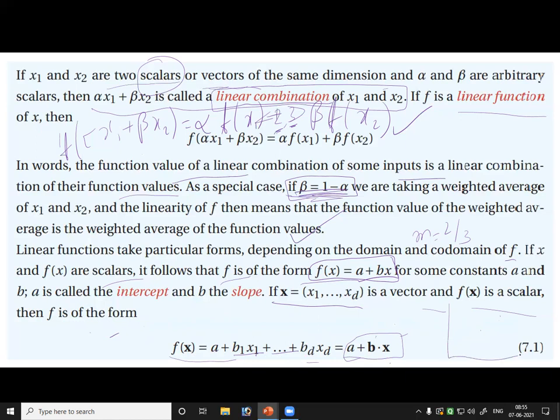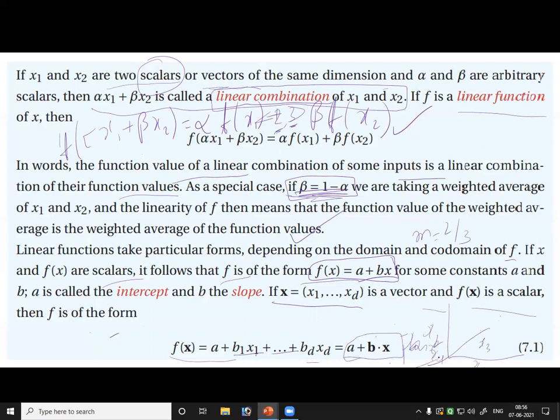In this case there is no y. This is x1, this is x2, this is x3. This is how we represent a plane.